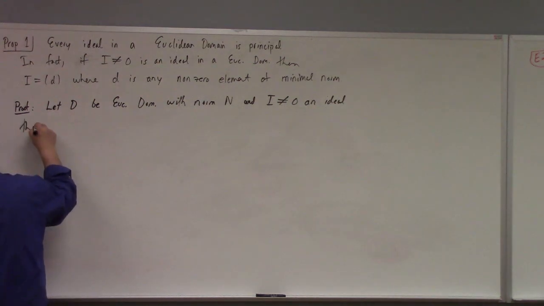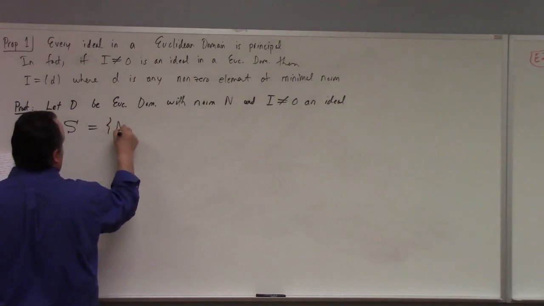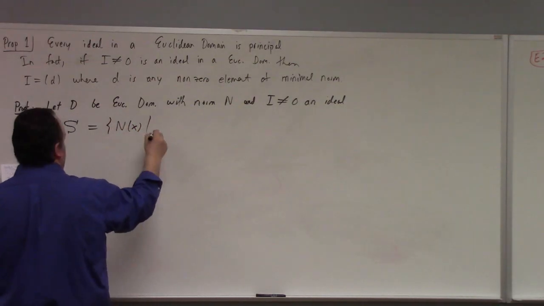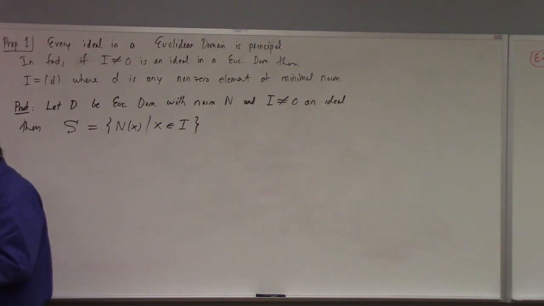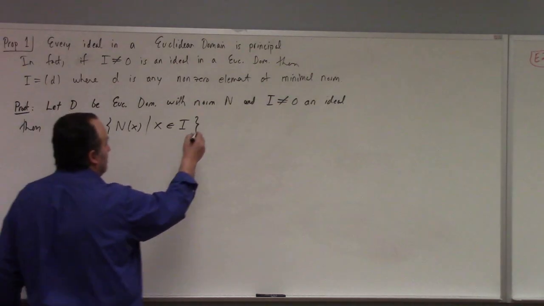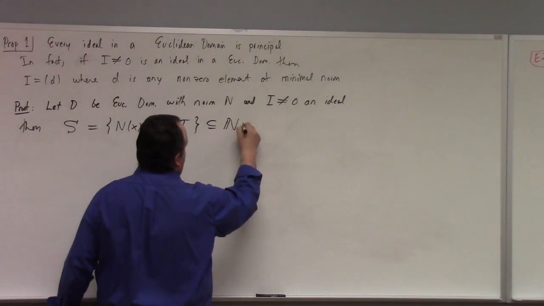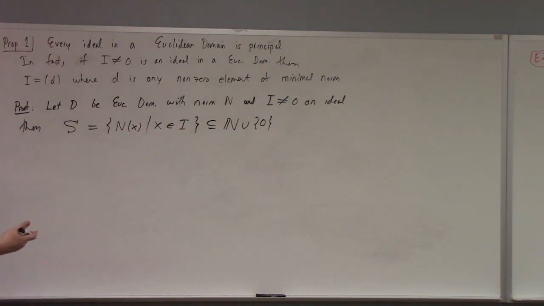Then if you form S to be the set given by norms of x such that x is in the ideal, what can you tell me about this set? This is a subset of natural numbers with 0, right? In fact, this is a non-empty set of non-negative integers, which is bounded below.